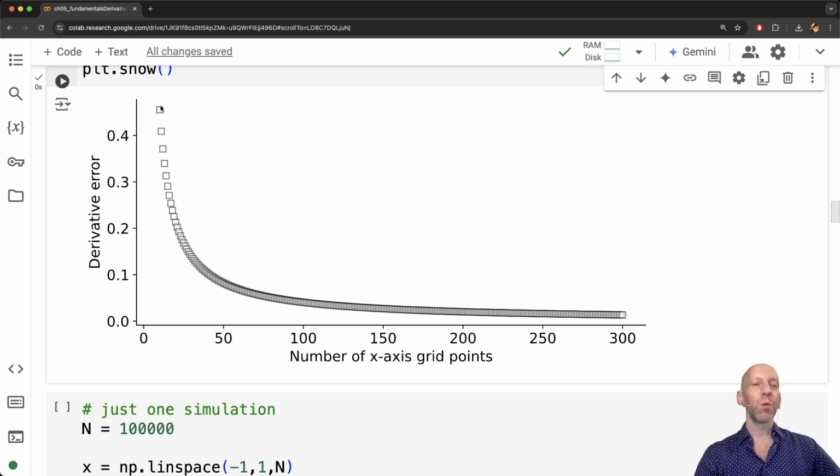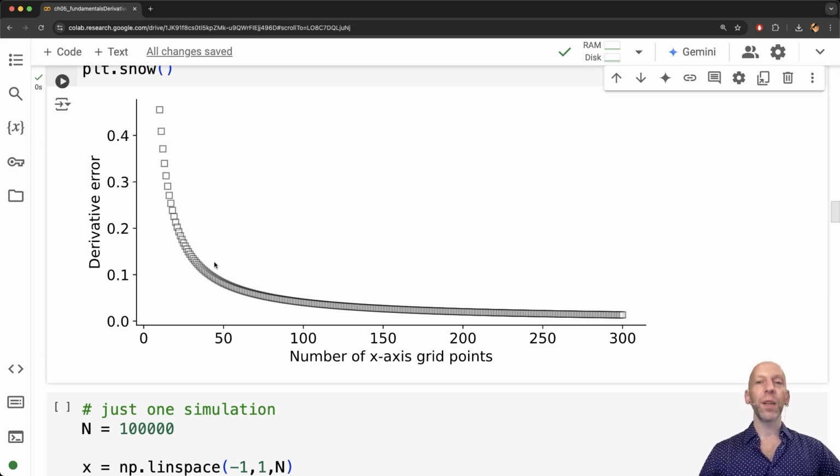Now, the rate at which it decreases and the exact value that it gets to depend on the characteristics of the function. But what is definitely always going to happen is that the larger n is, so the finer we sample the x-axis grid, the better the numerical approximation will be to the true analytic derivative.